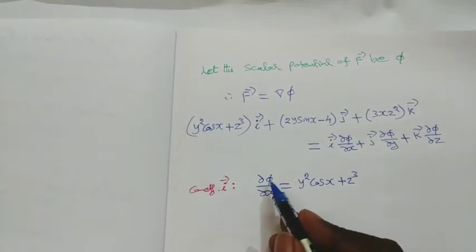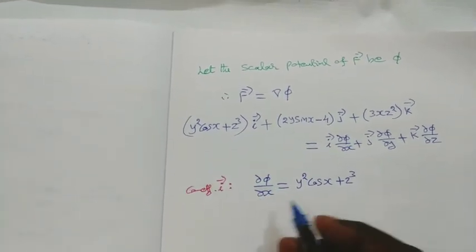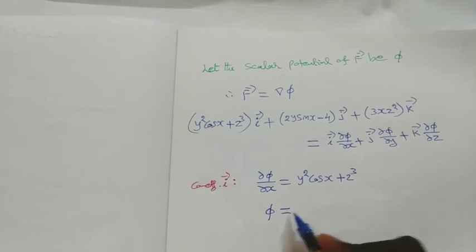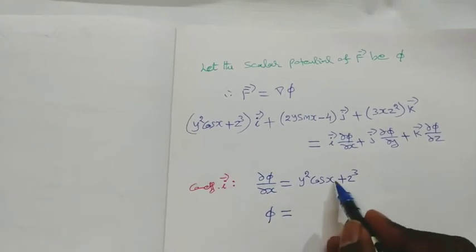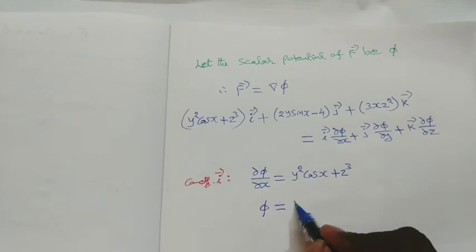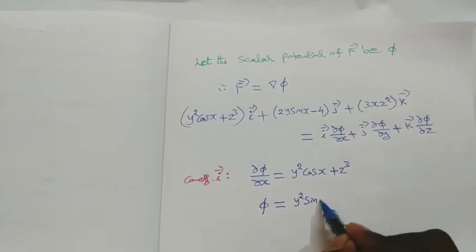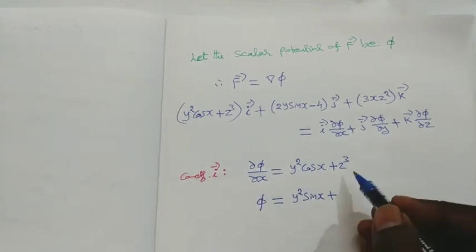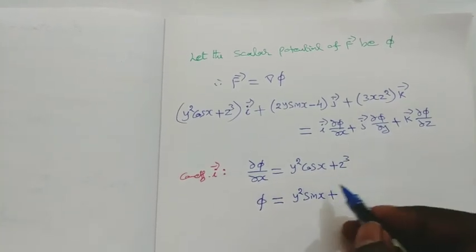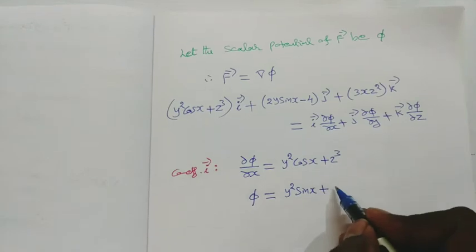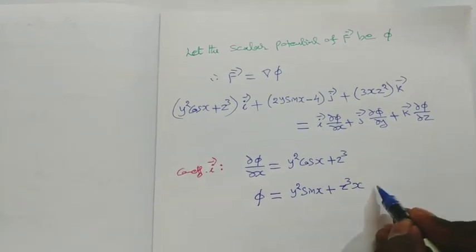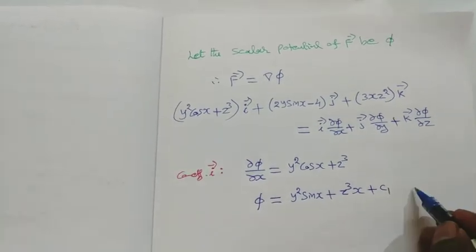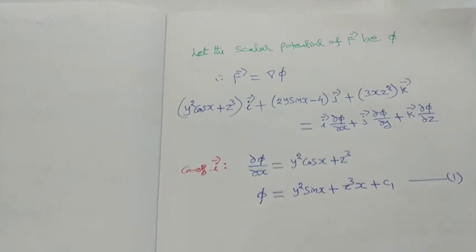So now to find phi, I want to integrate with respect to x on both sides. So phi is equal to integrating with respect to x. Cos x integral is sin x. Plus here it is a constant when you are integrating with respect to x, so integration of constant is constant into x. So z³x plus integral constant, you take it as c1. This is equation number 1.